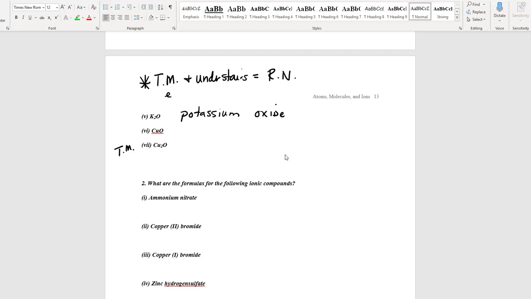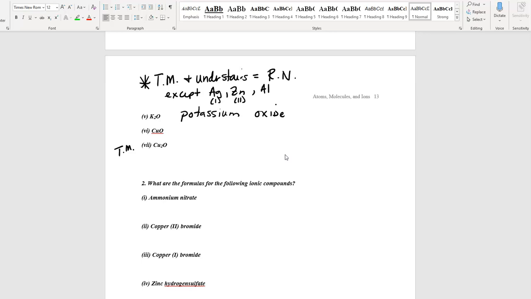Some exceptions are silver or zinc. You don't need to put it, but if you do, that's fine, because silver is always +1 and zinc is always +2. And aluminum is under the staircase, but do not put Roman numeral 3 because he doesn't have any other charge. That's it, he's 3. So do not put Roman numerals for these ones.